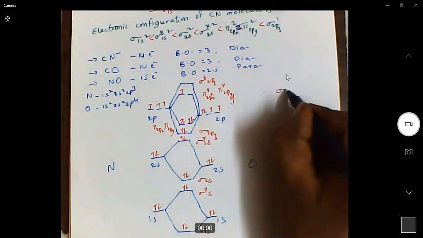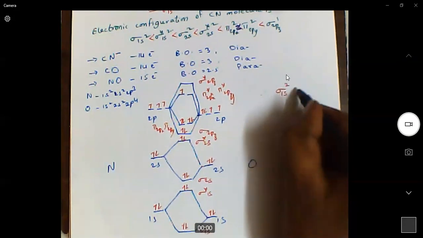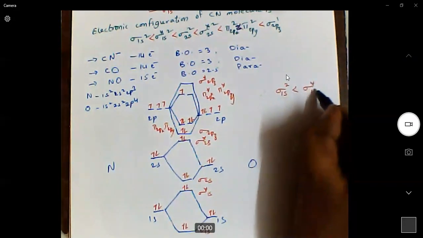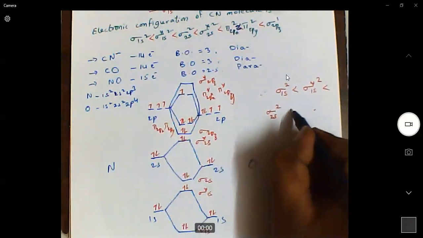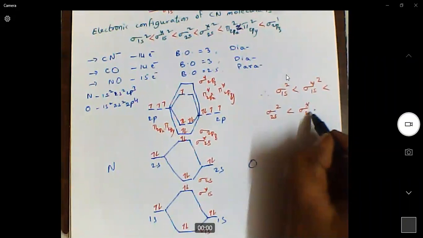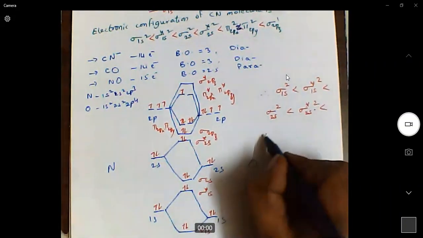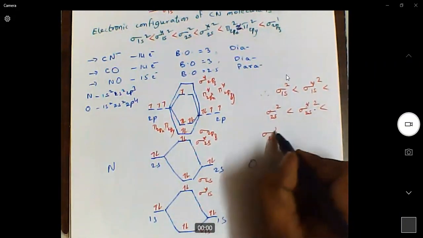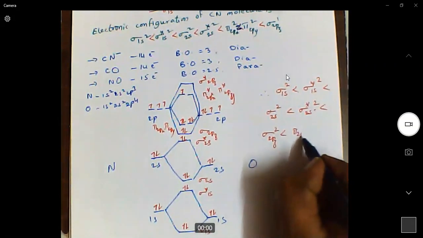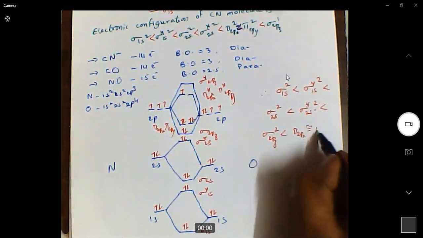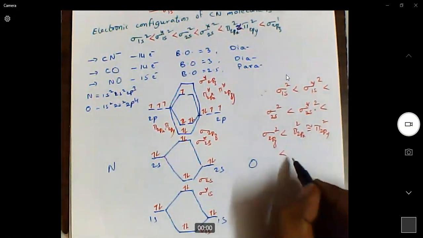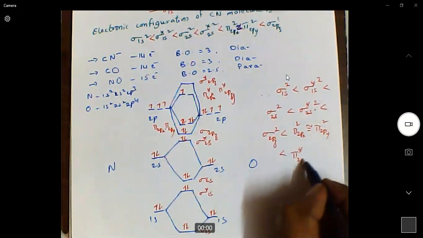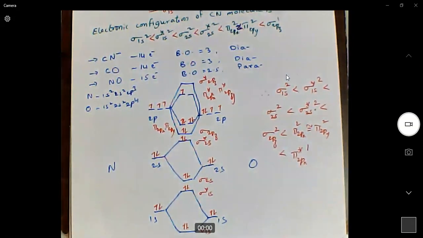Therefore, the electronic configuration is sigma 1s 2 electrons, sigma star 1s 2 electrons, sigma 2s 2 electrons, sigma star 2s 2 electrons, sigma 2pz 2 electrons, pi 2px and pi 2py 4 electrons, then pi star 2px 1 electron.